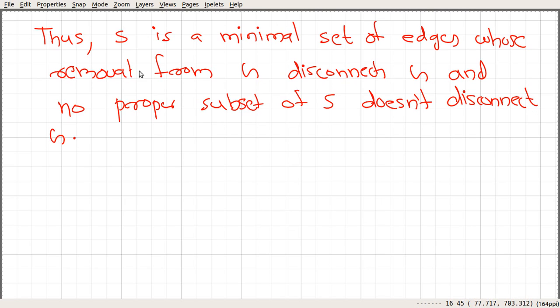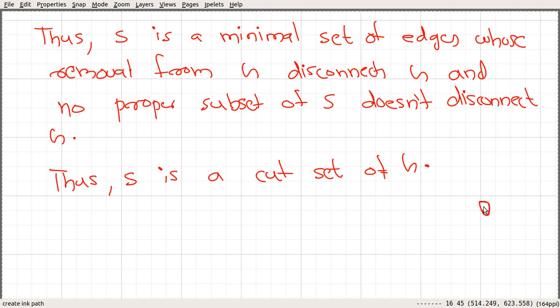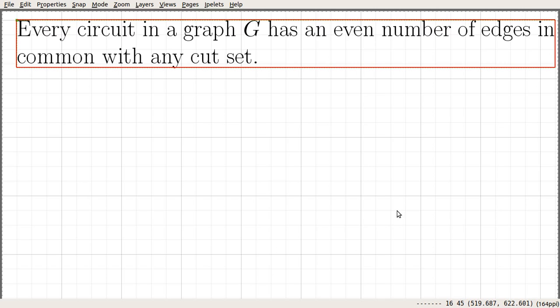So this S satisfies the definition of a cut set. Thus S is a cut set of G, and that's where we were heading, and that's the theorem. Hence the theorem.